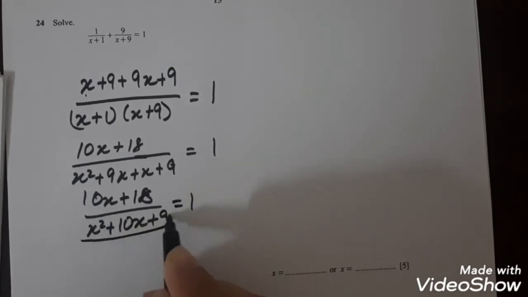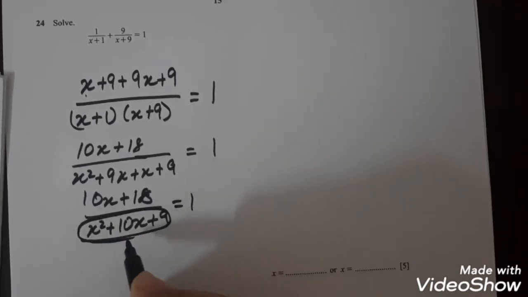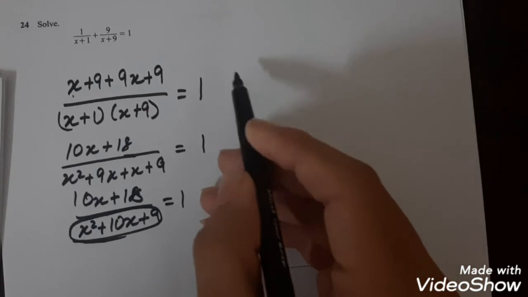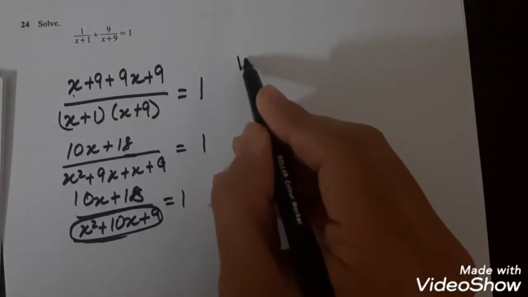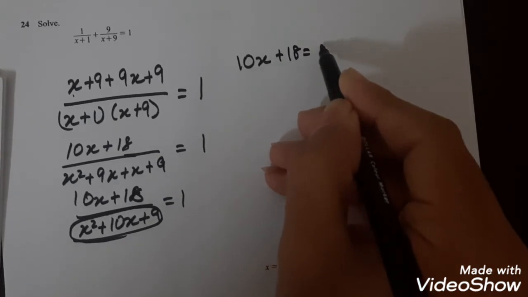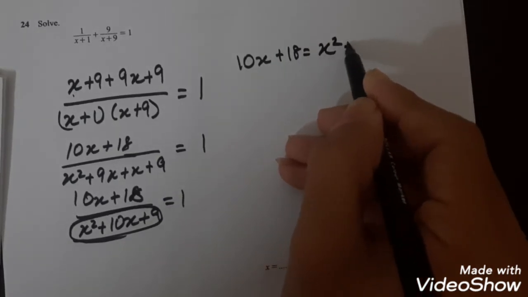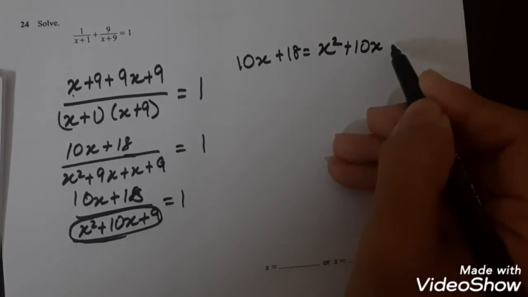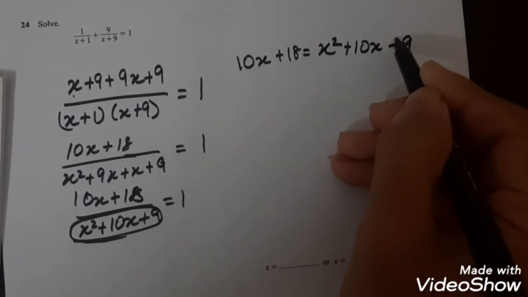We will move this whole lower fraction to the right and write it as 10x plus 18 is equal to x squared plus 10x plus 9.